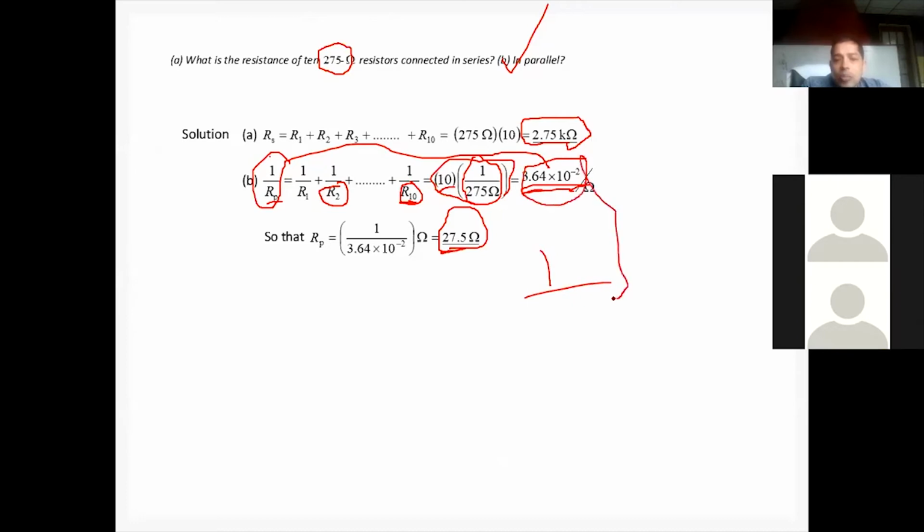It goes in the bottom right here. Then that will be your RP. If you do that, you get this one again. It's the same thing, so either way you get the same answer. Make sense? Yes. Very good.